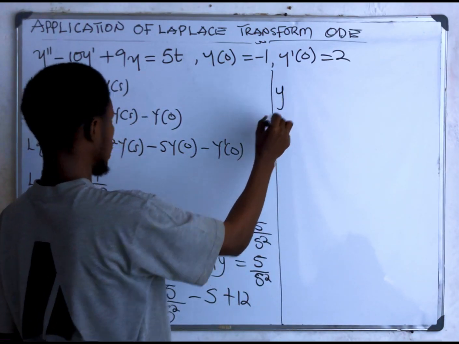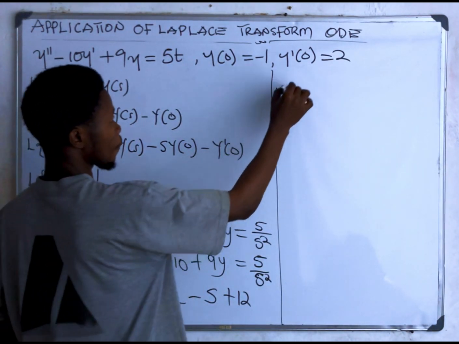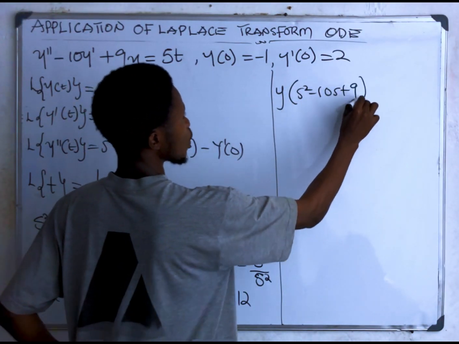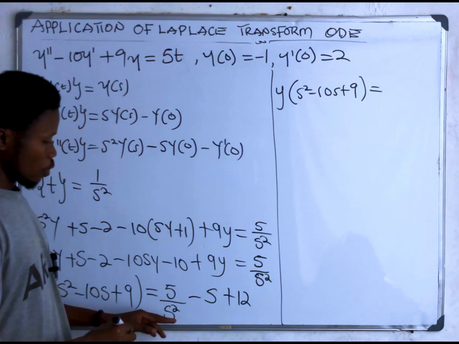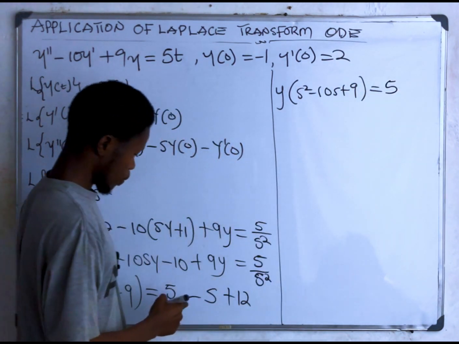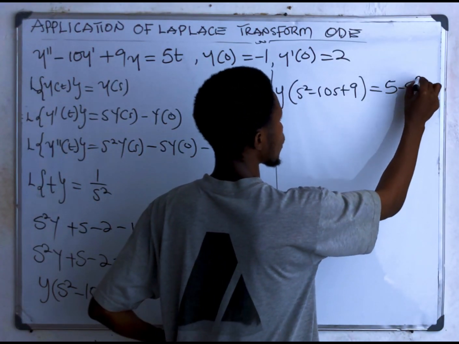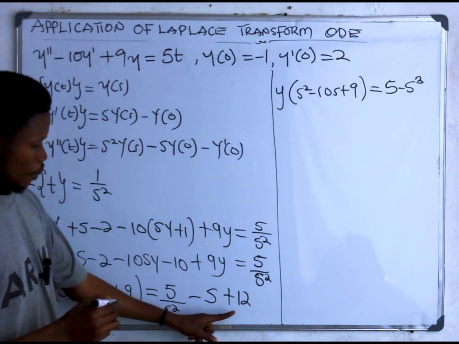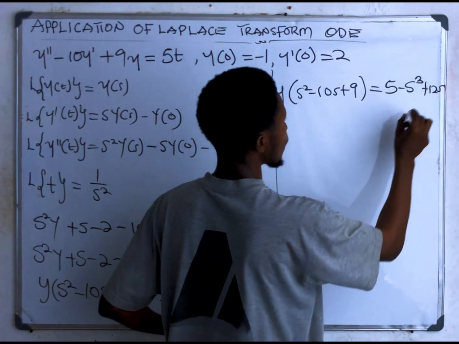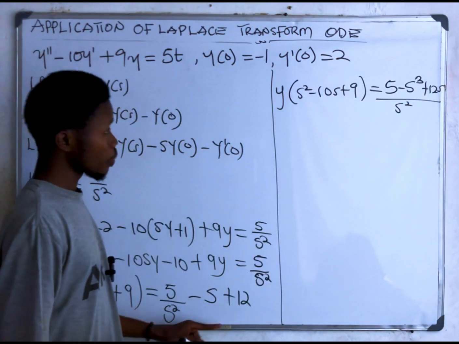So I have my y, bracket open, s squared minus 10s plus 9, and this equals, if you find the LCM of this, 5 minus s cubed plus 12s squared, divided by s squared.